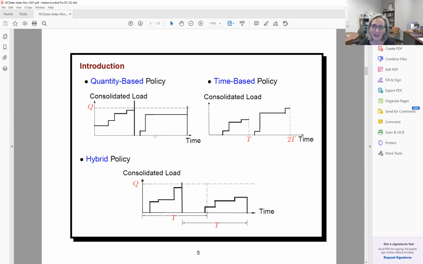So under a time-based policy, you can quote a specific delivery date. For example, you can quote Mondays as your delivery date to all your customers, because you are releasing consolidated loads on a periodic basis, on a weekly basis.